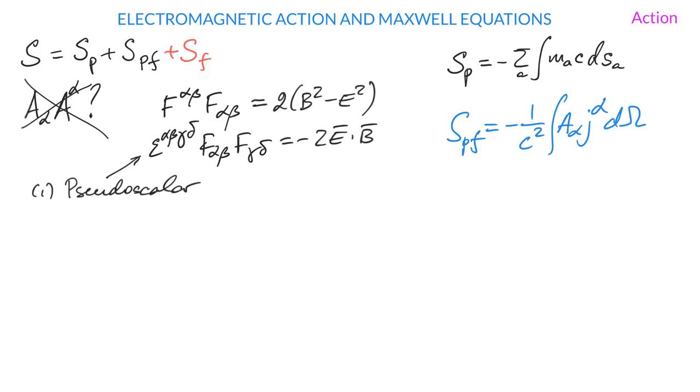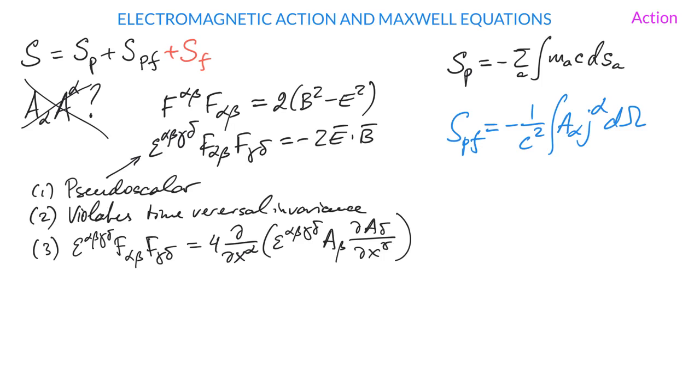So this term would actually violate it. The second reason that it's not allowed is that it violates time reversal invariance. It contains E dot B, and B changes sign under time reversal. So the equations of motion obtained from such an action would not be time reversal invariant, and we know that Maxwell's equations are.